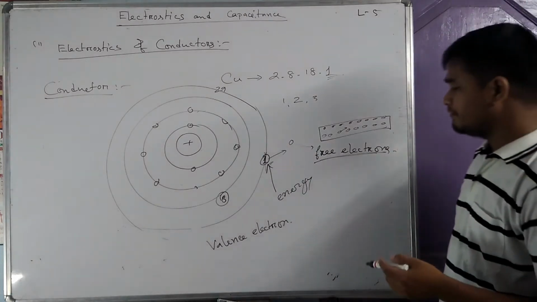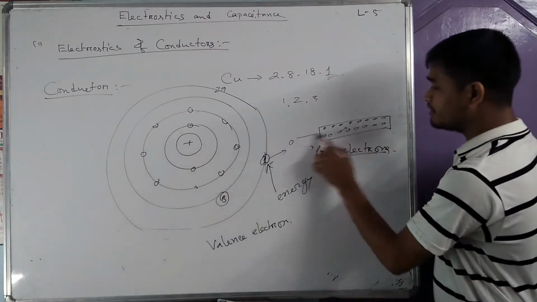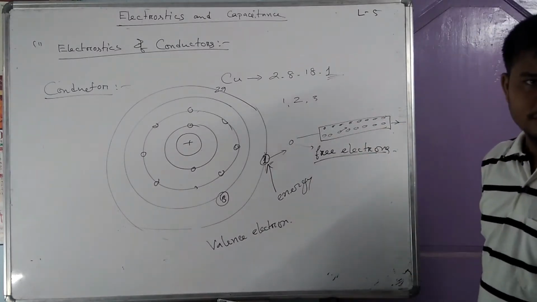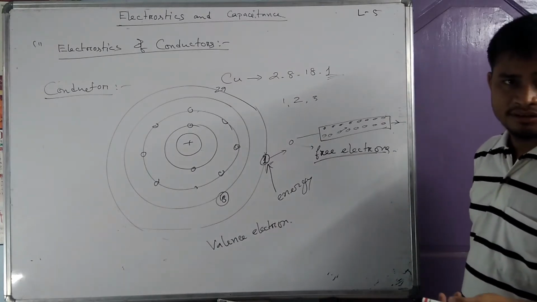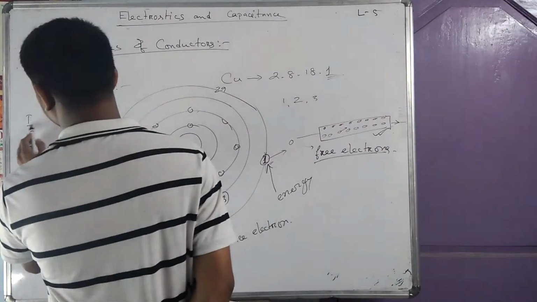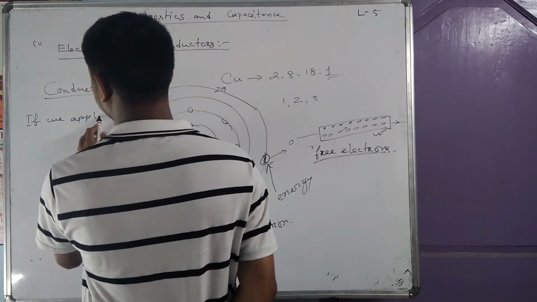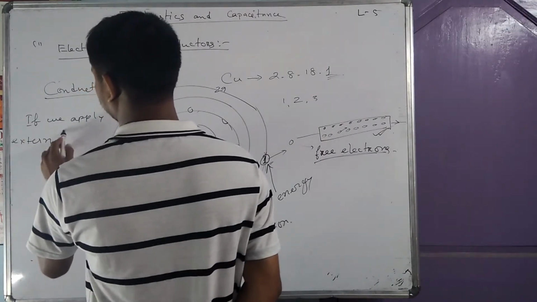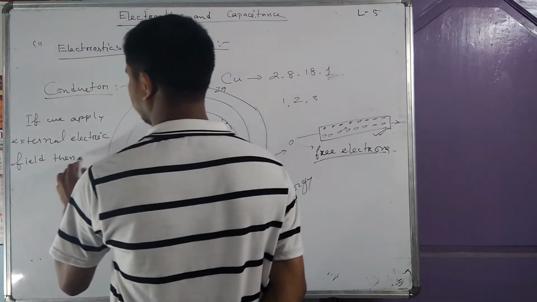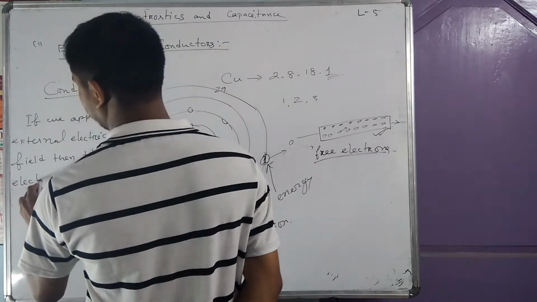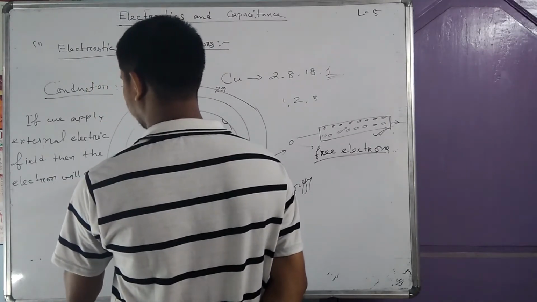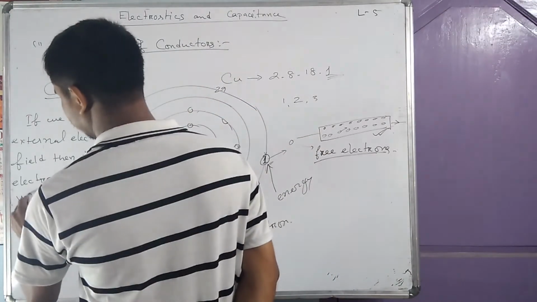Now if we apply an electric field to the conductor, then electrons will move from one position to another. That is, they will acquire velocity.